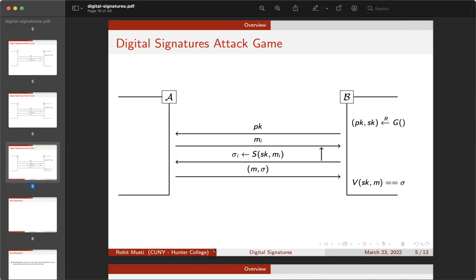Let's go make some drawings. So here we have the public key, this message process, right? Message 1, message 2, message 3. All the I denotes is that these are like the same setup. And this secret key is only known by Bob.